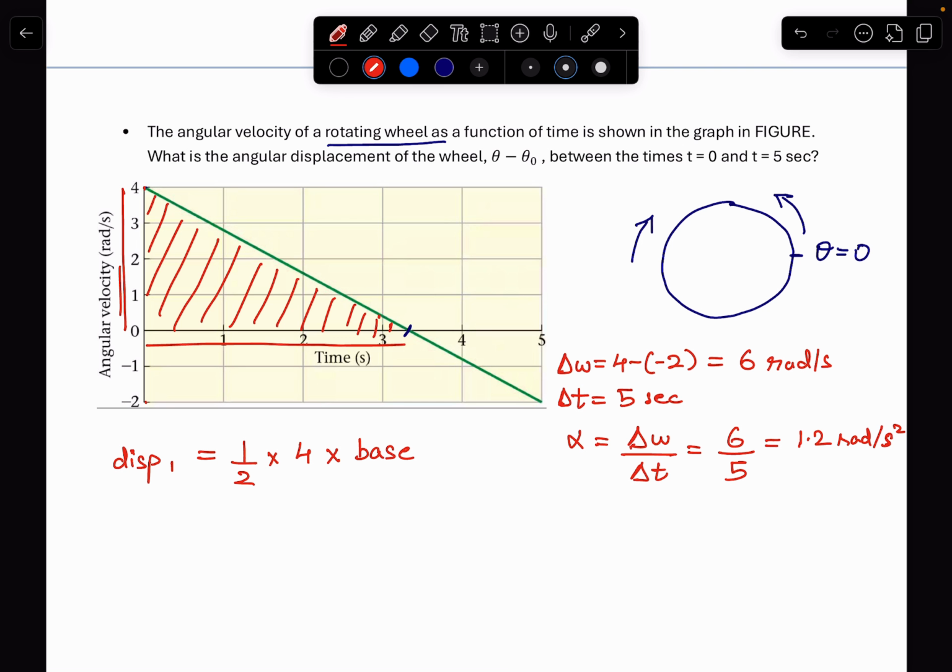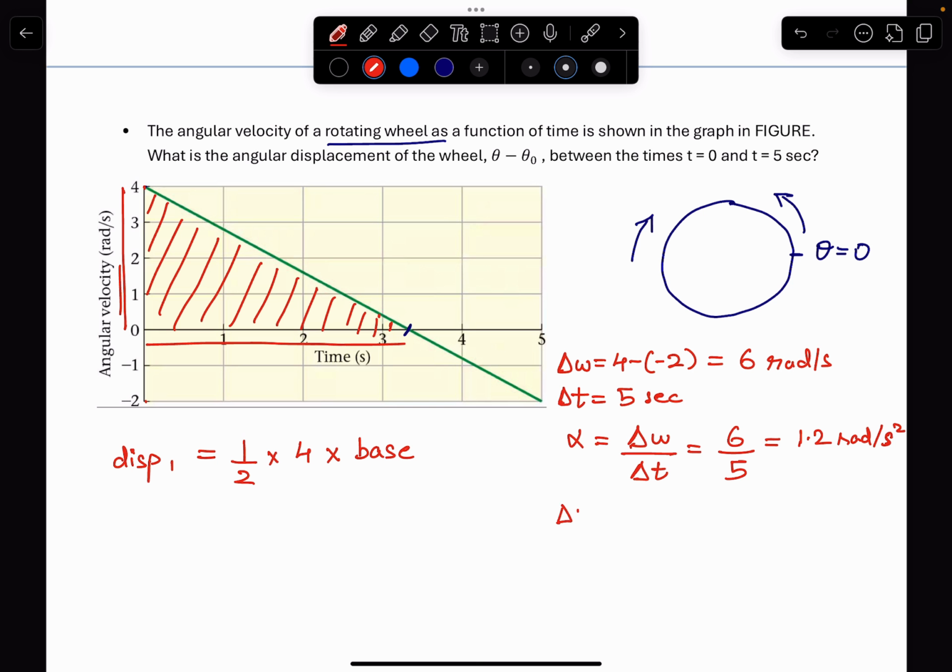So to find the time when the angular velocity is 0, my delta omega would be 4 minus 0.